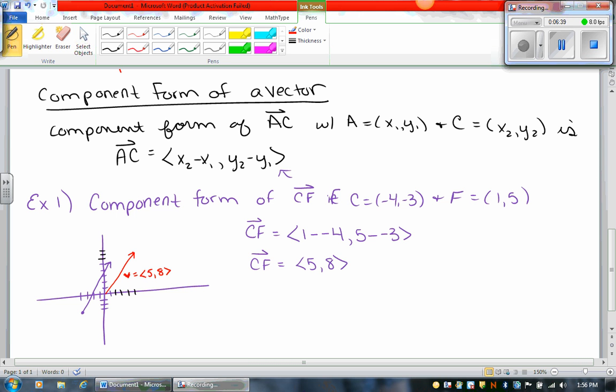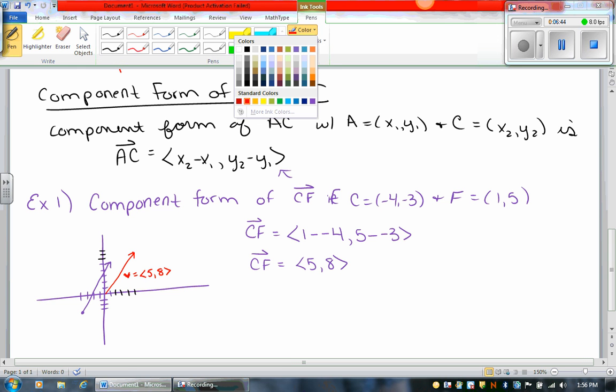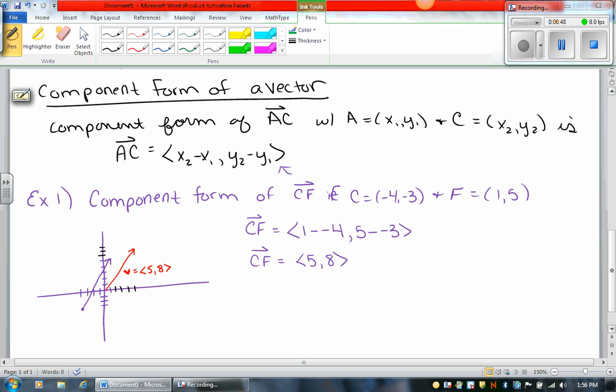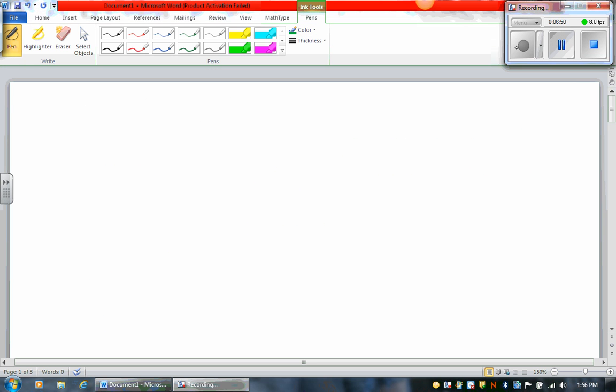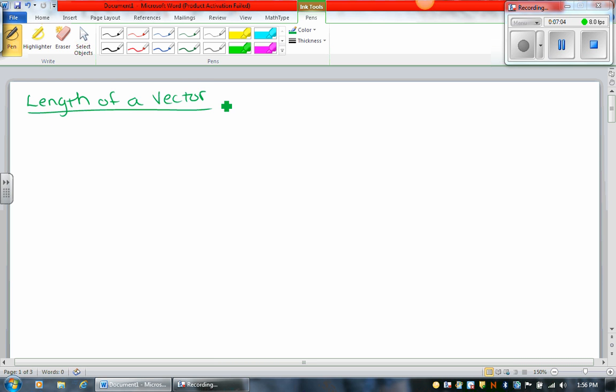Okay, so the next thing we're going to talk about is how we go about finding the length of a vector. Okay, so another word for length is going to be magnitude.